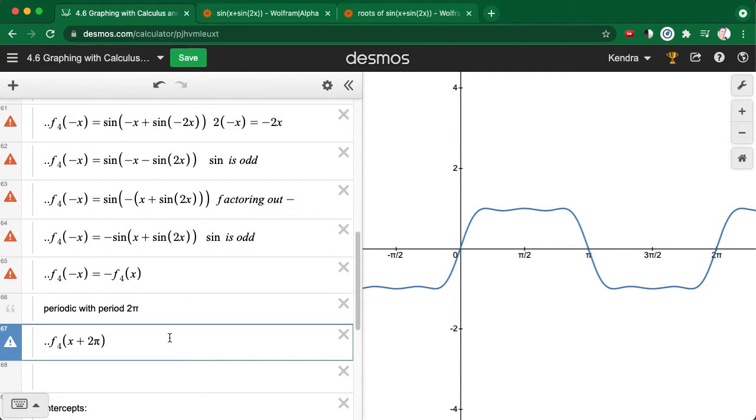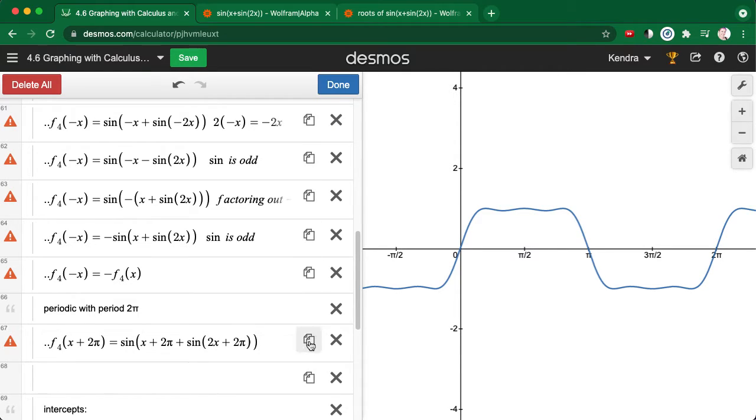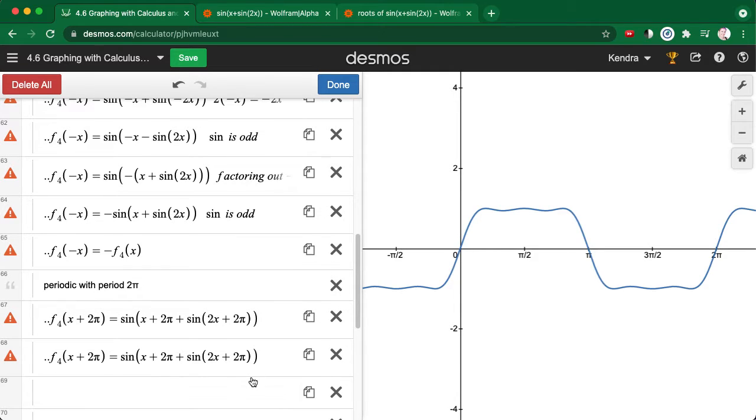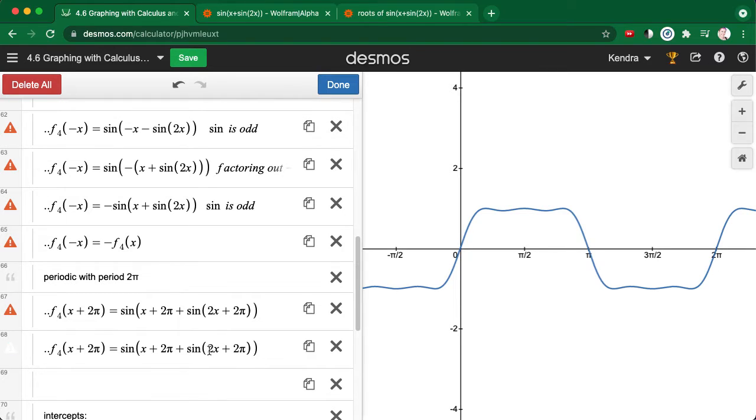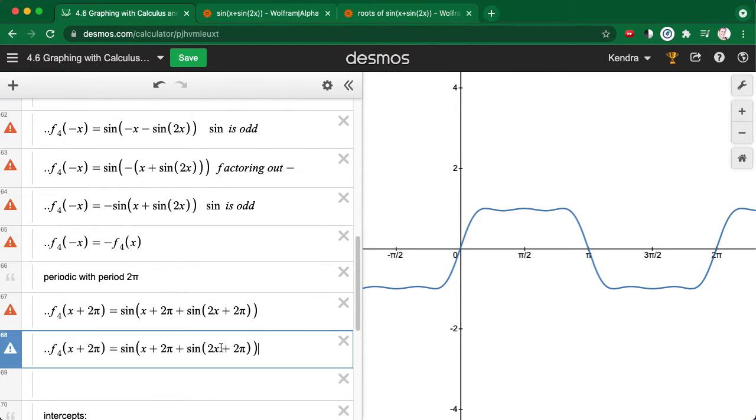Copy and paste. And then I'm going to do plus 2 pi. Okay. And since sine is periodic with period 2 pi, that means that the sine of something plus 2 pi is the same as the sine of that something.